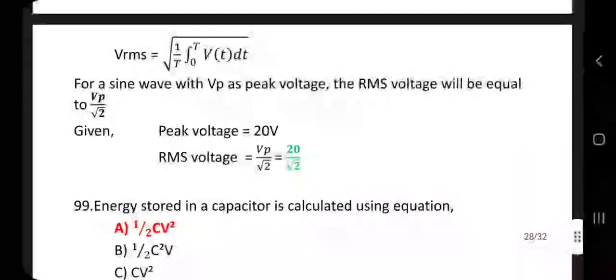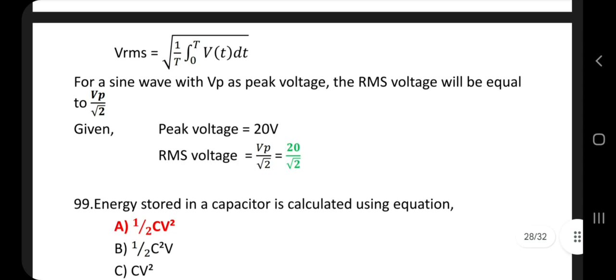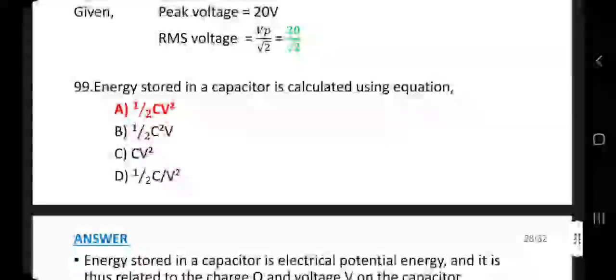Vrms equals root of 1 by T, integral 0 to T of v of t squared dt. For a sine wave with Vp as the peak voltage, the RMS voltage equals Vp by root 2. Given peak voltage equal to 20 volt, RMS voltage equals Vp by root 2, which is equal to 20 by root 2.